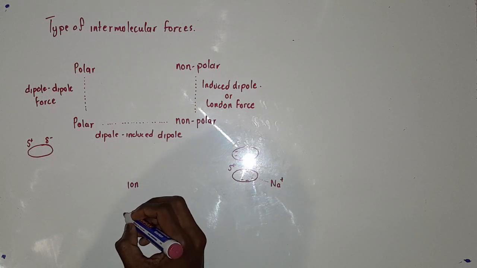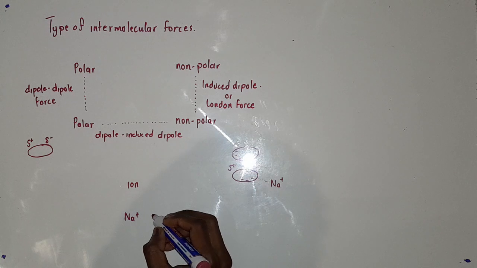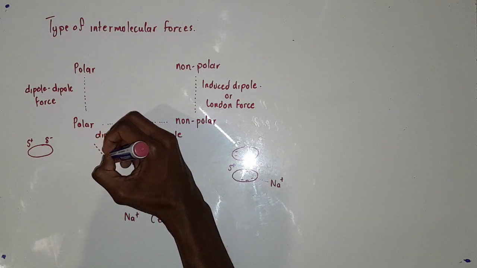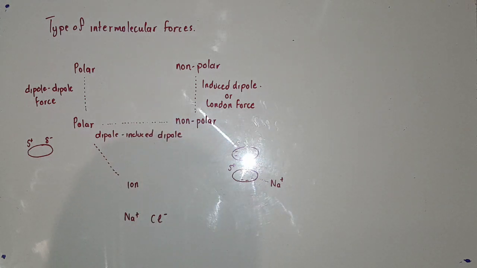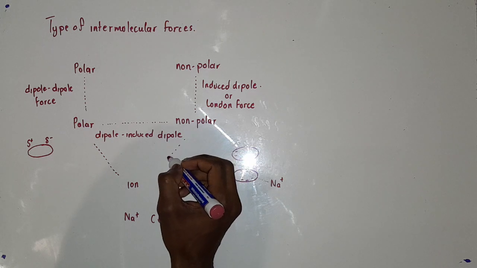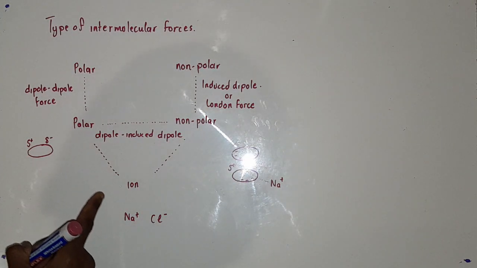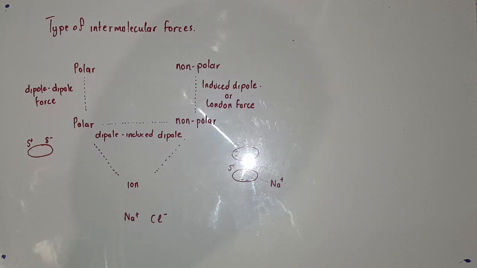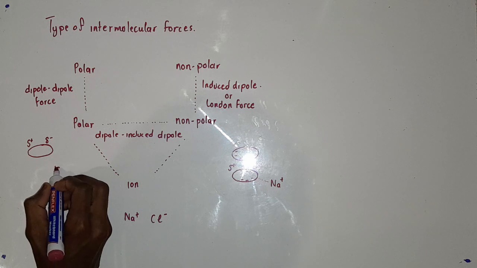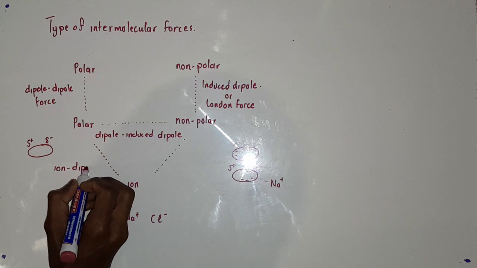And now I'm going to take ion. Ions consist of complete charges, like Na or Cl. If I decide to take a polar together with ion, I'm going to get an ion-dipole. Keep that in mind.